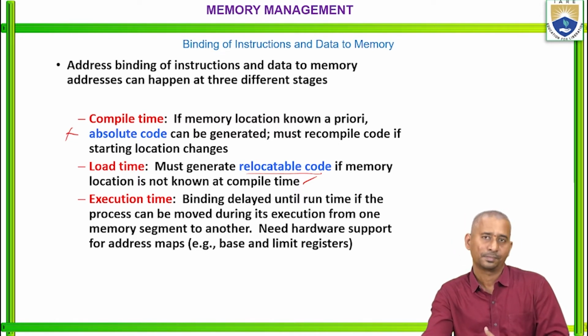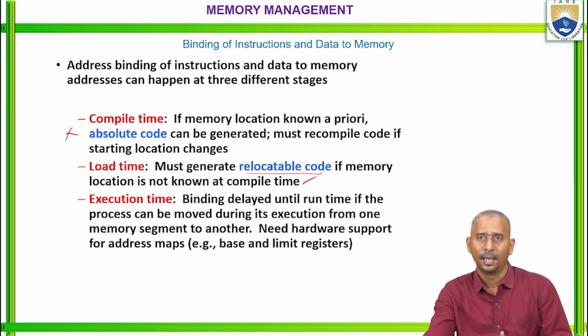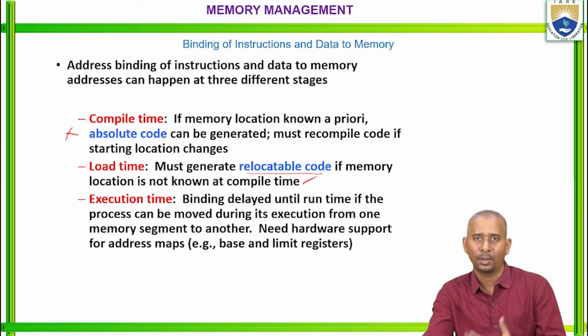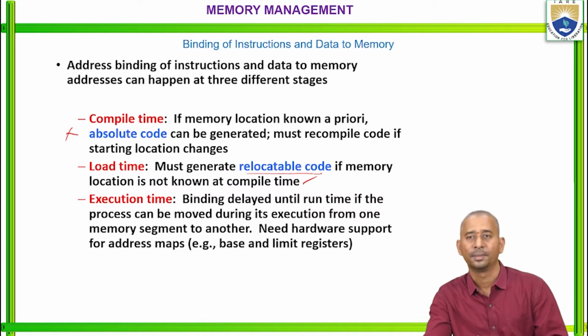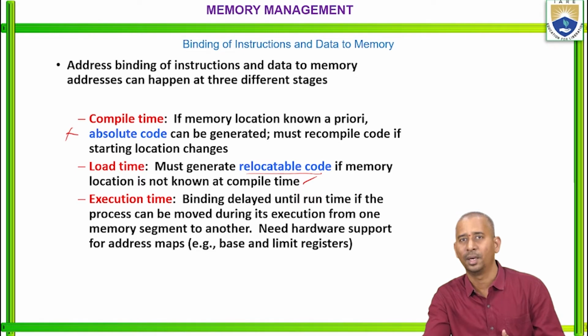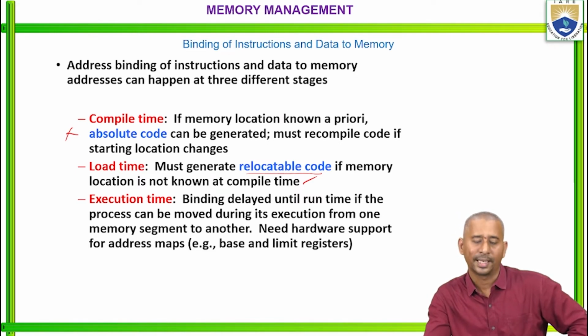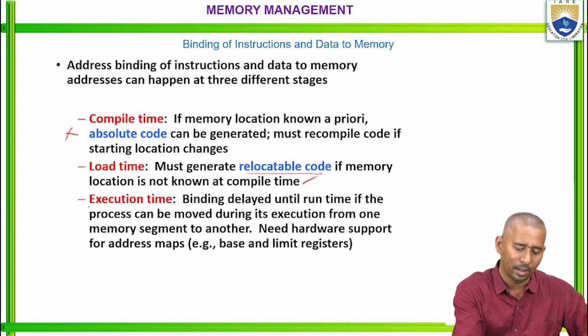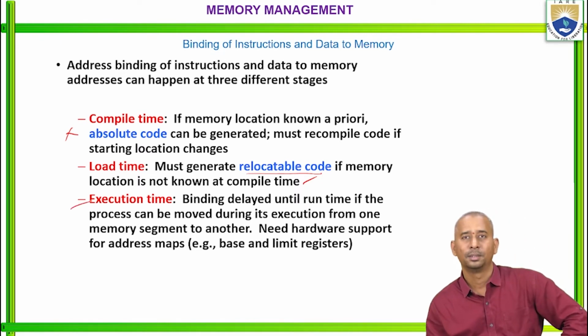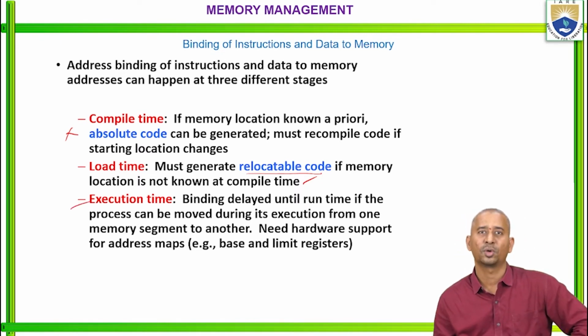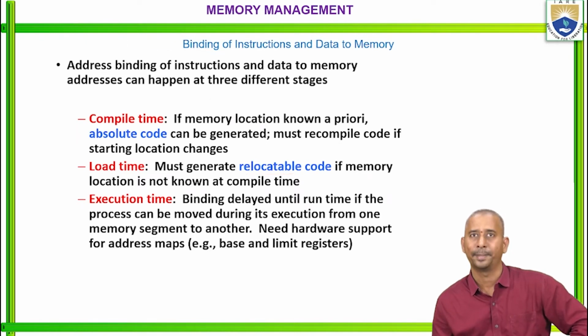Whenever our process moves from one location to another, we need hardware support like base and limit registers. So we need to cross this stage, which is called execution time.